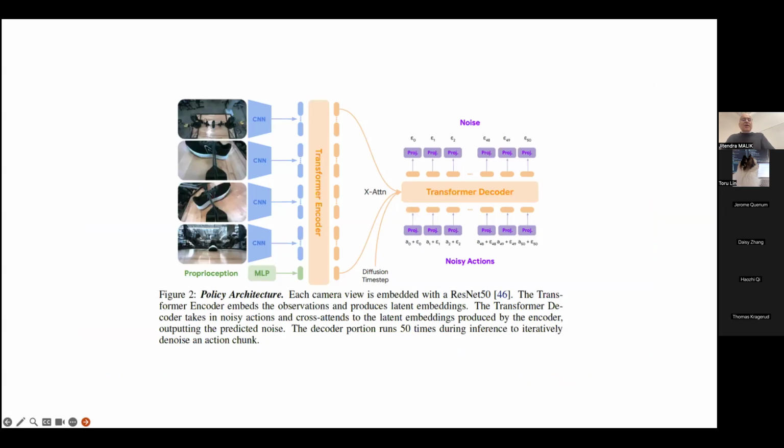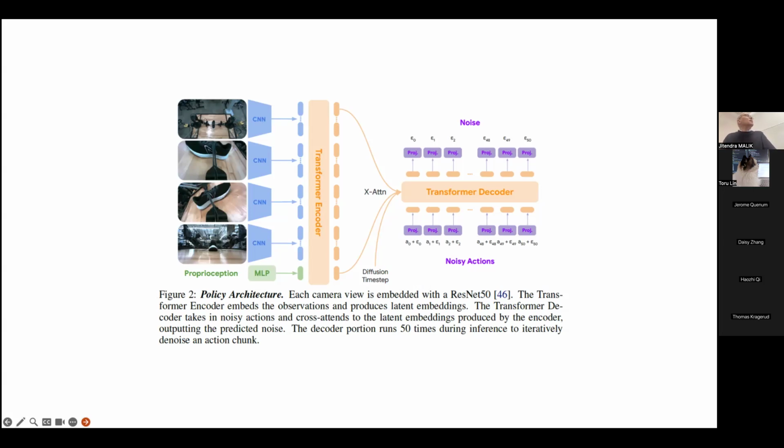What's the architecture? The architecture is pretty straightforward, right? No big deal. Use transformers. Everybody uses transformers now. The input is images from all these different cameras. How many cameras do we have? We have one wrist camera on each arm, a top camera and a front camera.